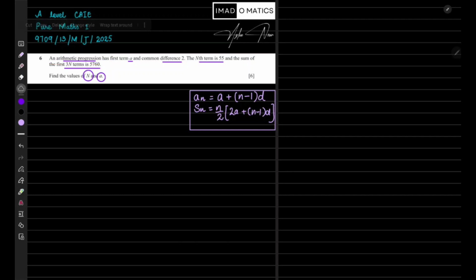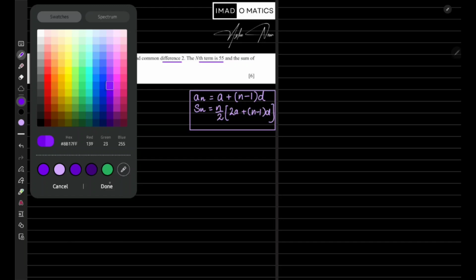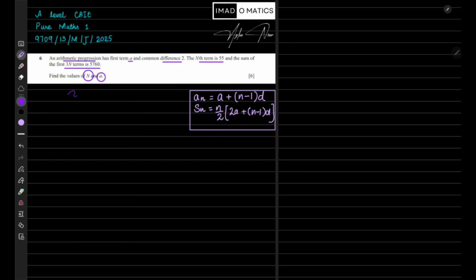Let's write down the given data. We have been given that first term is a that we need to find. Common difference is given to us, and that is 2. Nth term, that means an, or in this particular case, n is represented by capital N. So nth term is 55.